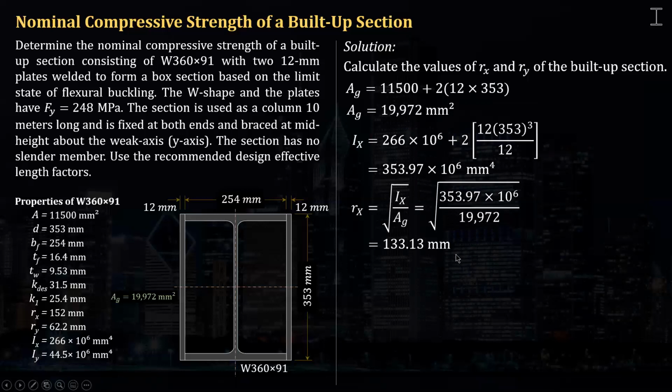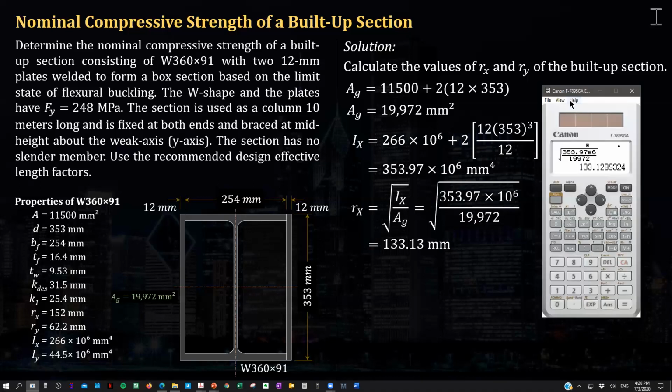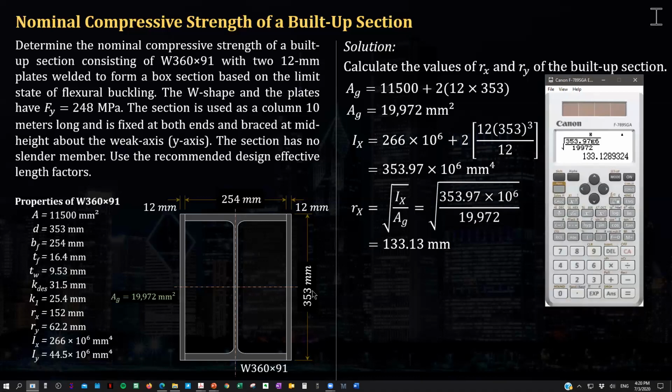After that, let's calculate ry. But first we have to calculate Iy, the moment of inertia with respect to the y-axis. That is equal to the moment of inertia of the I shape with respect to y, plus the moment of inertia of the two plates with respect to the y-axis, so we have to add the Ad squared.